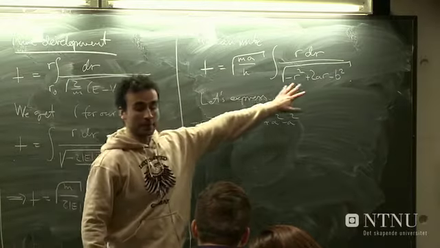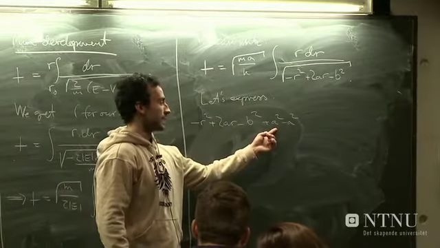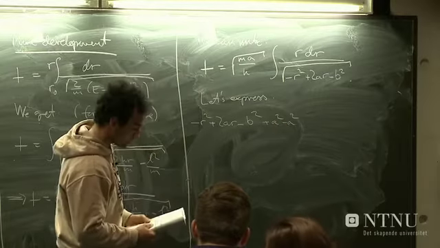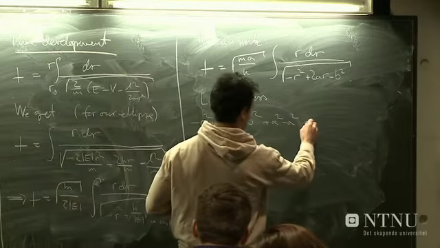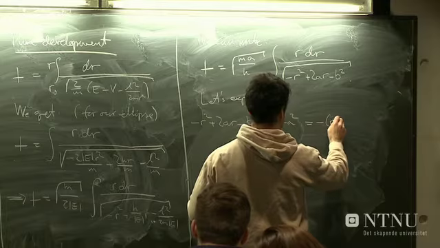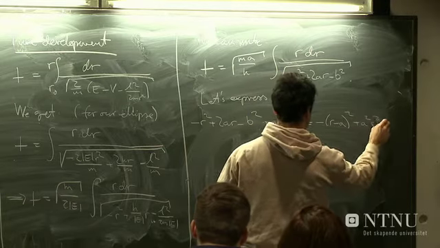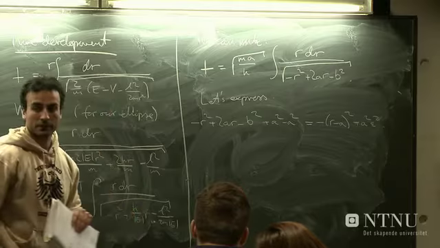So I take this expression and I add 0. I add a squared minus a squared, plus a squared minus a squared, which allows me to write this.